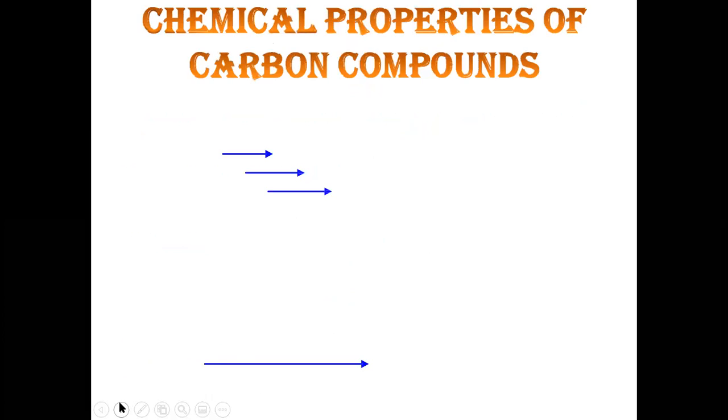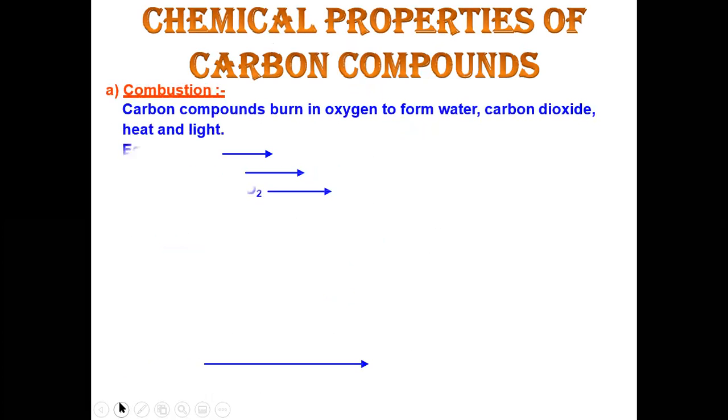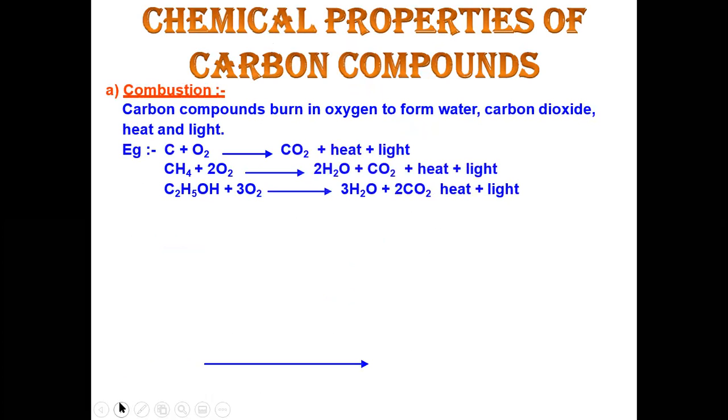Now we will discuss some chemical properties of carbon containing compounds. First is combustion. What is combustion? If we burn something, that is known as combustion. Carbon compounds burn in oxygen to form water, carbon dioxide, heat and light.